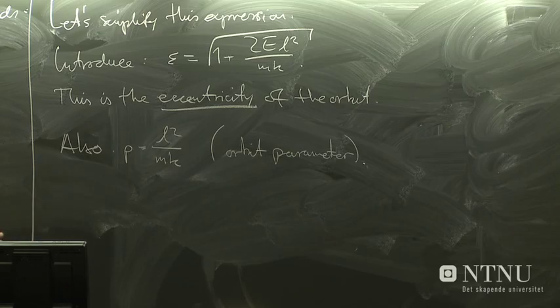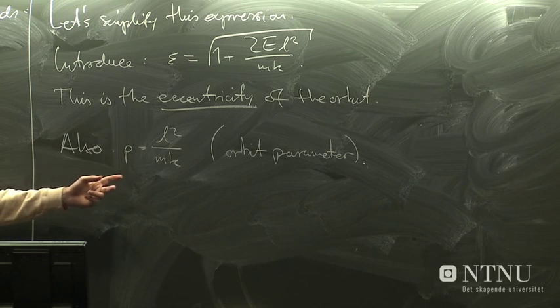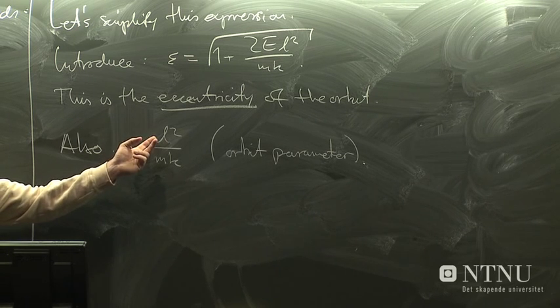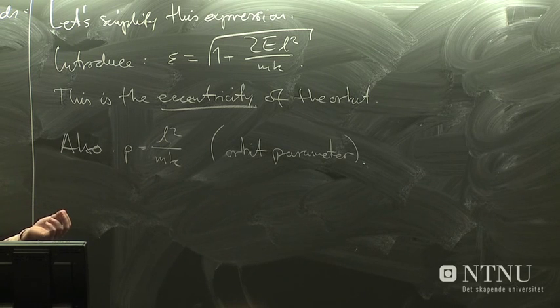Let me also make a convenient choice and define this orbit parameter p, which essentially is a measure of how much angular momentum you have compared to the strength k of the potential.